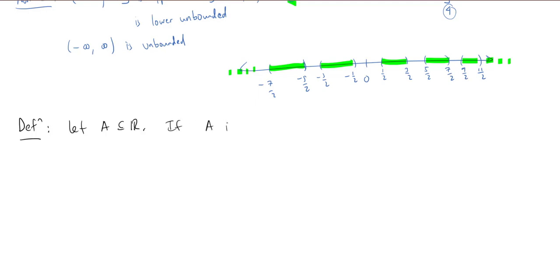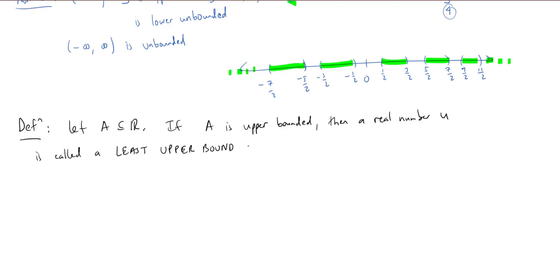If A is upper bounded, so we know from the start that there is some upper bound, then a real number U is called a least upper bound, or a supremum.